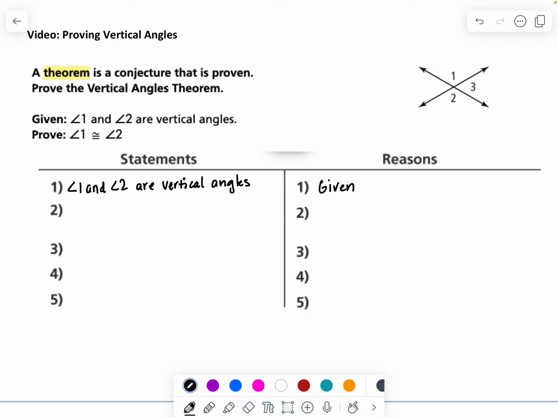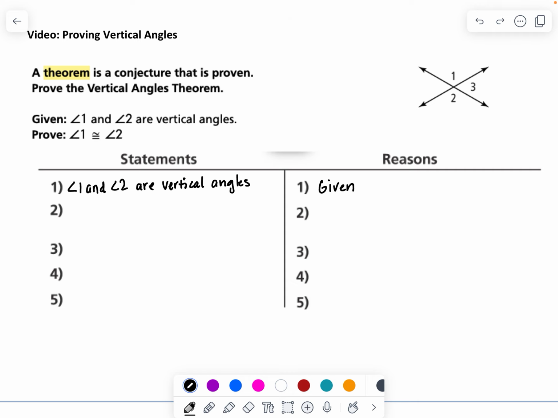And at this point, we've just named them that. They're vertical angles because we decided that angles that are across from each other are called vertical angles. Okay? We've just called them that. They don't have any power, nothing beyond the fact that angles that are across from each other when two lines intersect are called vertical.